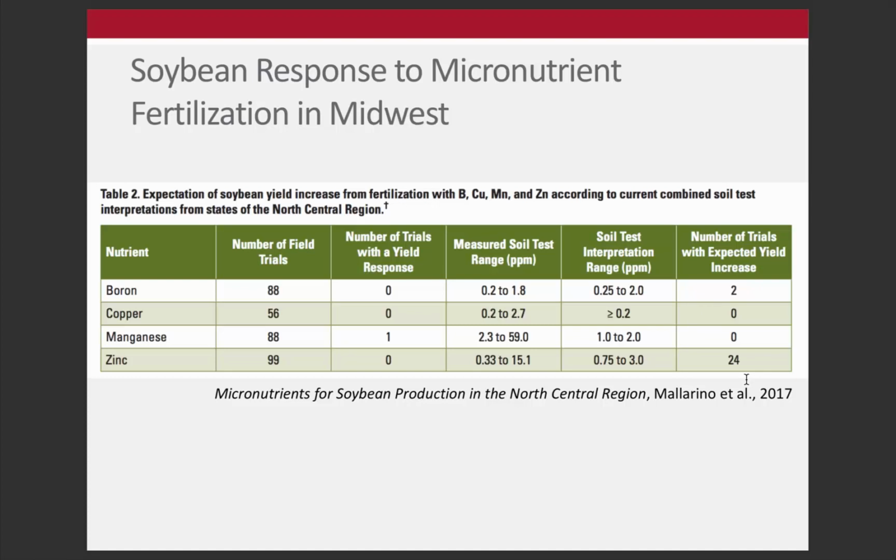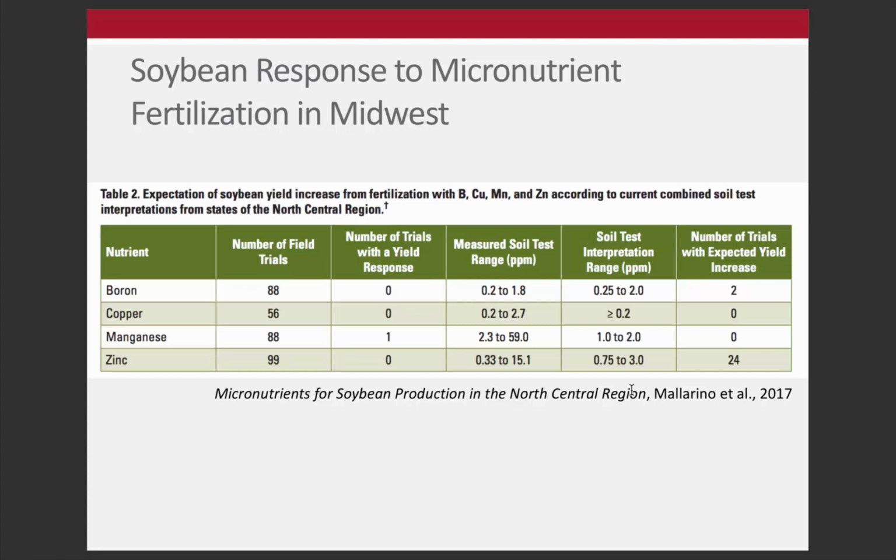And so that likely means that there's some wiggle room with zinc, because there are 24 yield increases expected and 0 found. So this is for soybeans specifically, but this is data that's very difficult and expensive to generate, to do it widespread as this study was done, and to find so few responses is a bit maddening, to be perfectly honest.